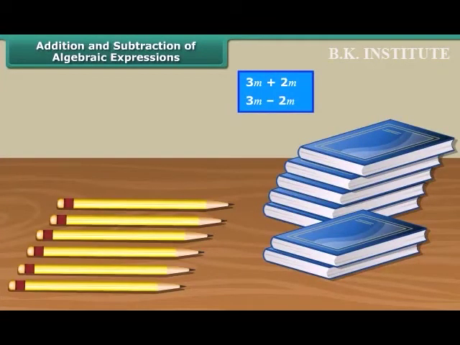Now again, we can't combine these objects since they are different. However, if we remove 1 pencil from 6 pencils, then we are left with 5 pencils, but still we have the 7 books. So you can see it's quite similar with algebra. We can add or subtract only similar objects.